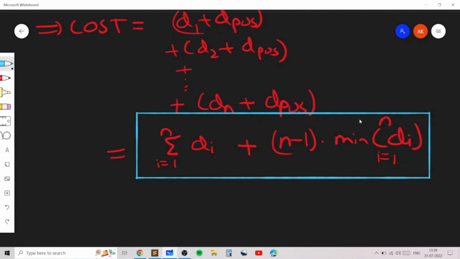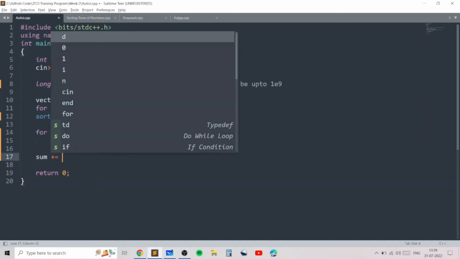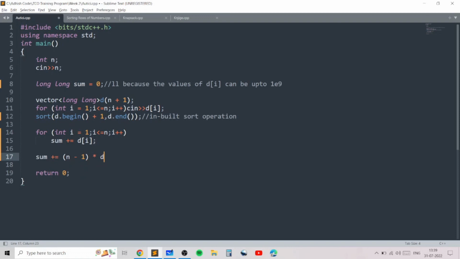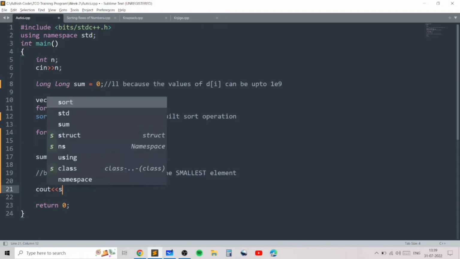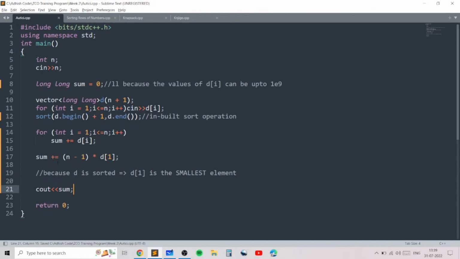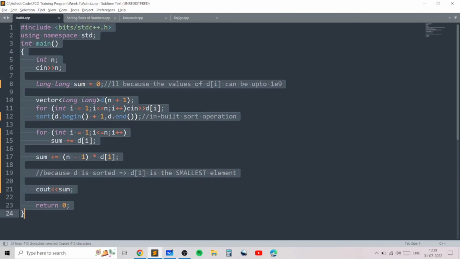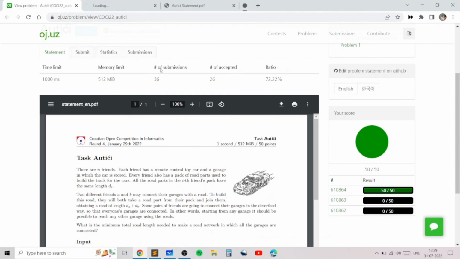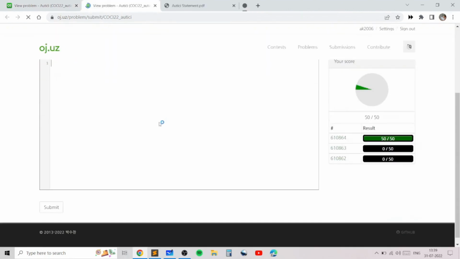So we'll add all the elements and add the smallest element, so n minus 1 times d of 1. Because d is sorted, this implies that d of 1 is the smallest element. And hence we will add n minus 1 times the smallest element. And now I'll just submit this code to see that it gets accepted.